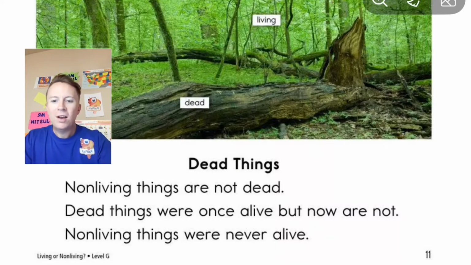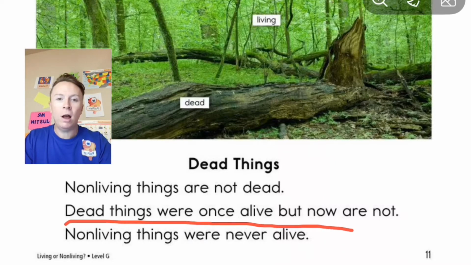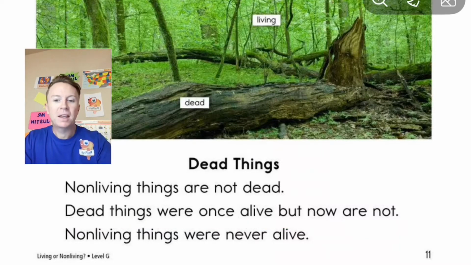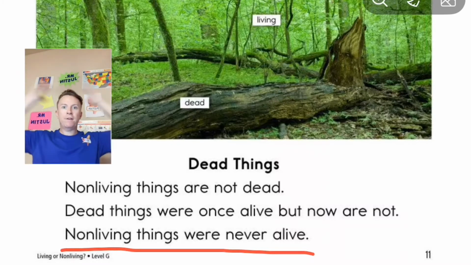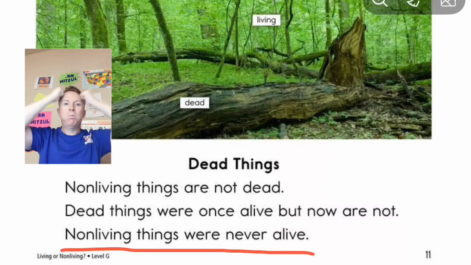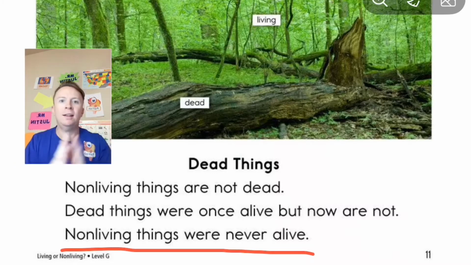Whoa. Dead things were once alive, but now are not. Non-living things were never alive. Mind blown. Non-living things were never alive.